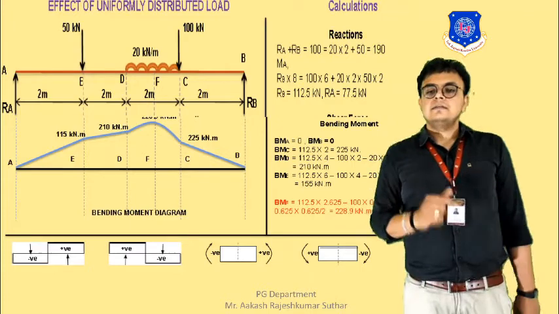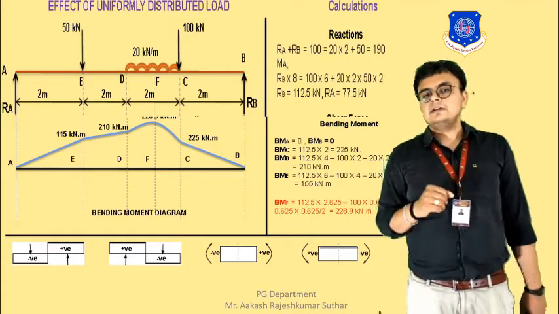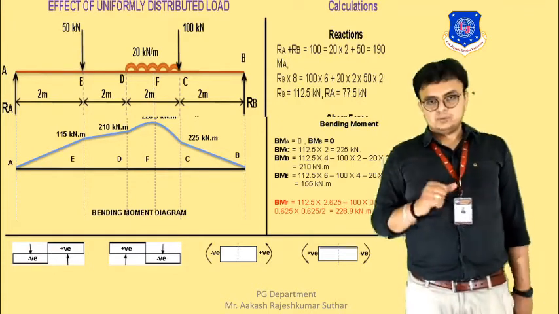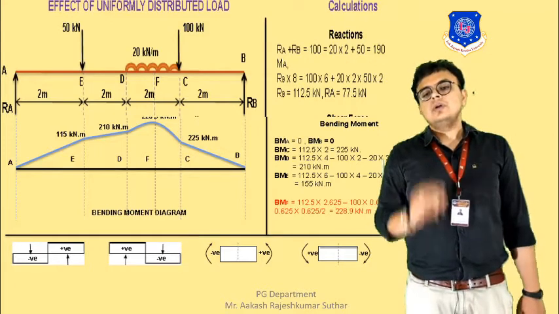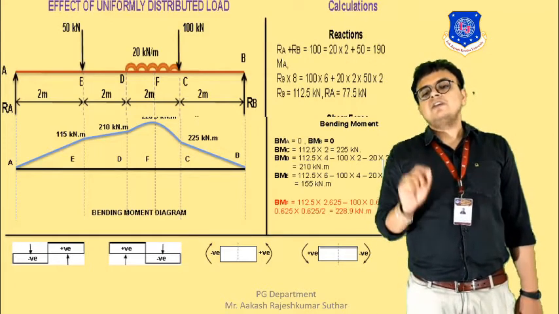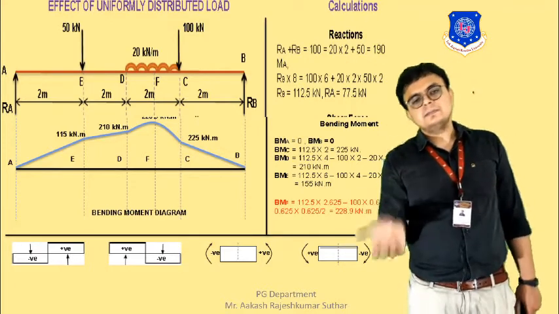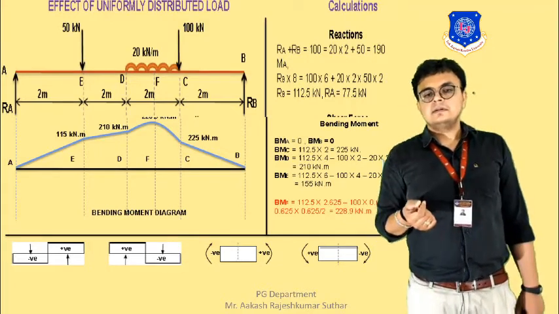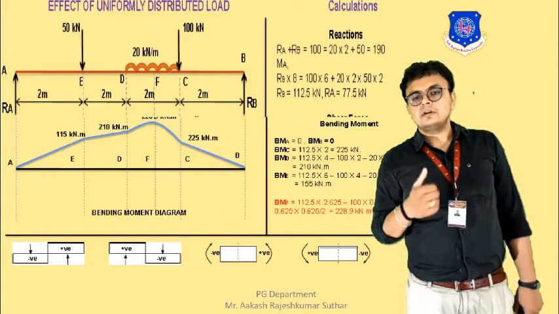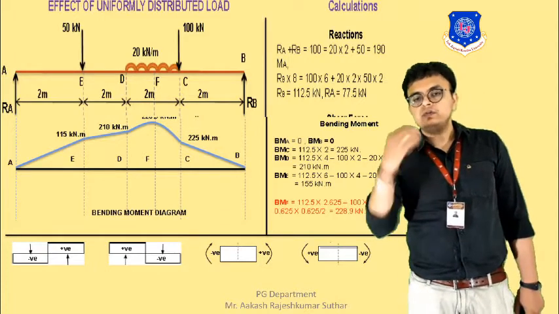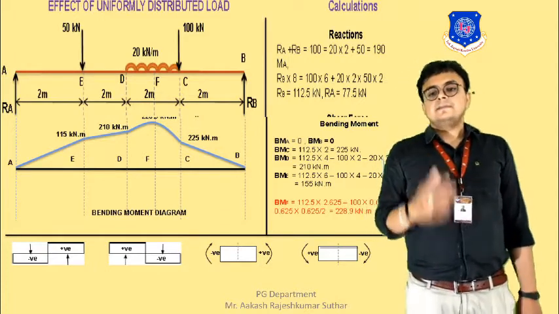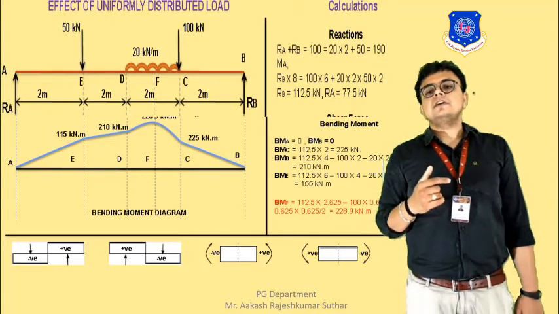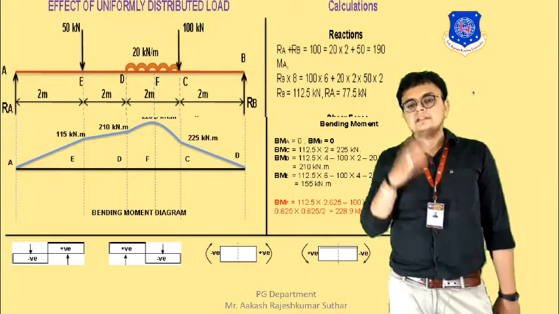And we have a particular bending moment at D. That will be equal to 112.5 into 6, that is the distance from B to D. Then we have 112.5 into 4. Then we have the loading of 100 kilonewton in the downward direction, and its distance was 2.